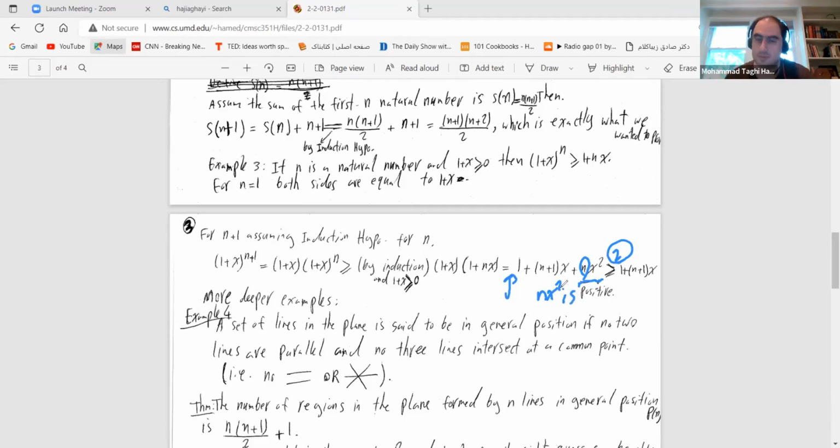So n times x squared is positive. Great. And then we just get the results that we want. So this is the statement that we wanted to get for n plus 1. If you put in n plus 1, the statement would be this plus this greater than this, n plus 1 times x.